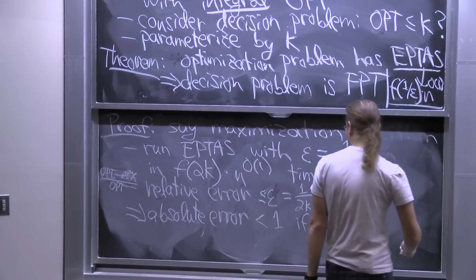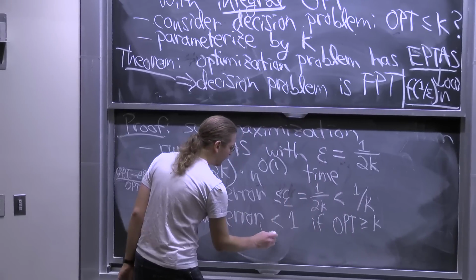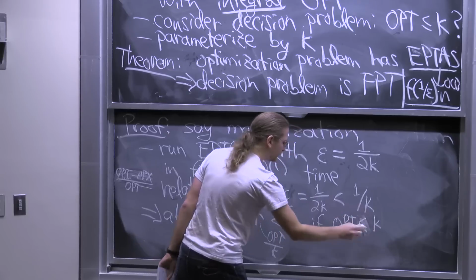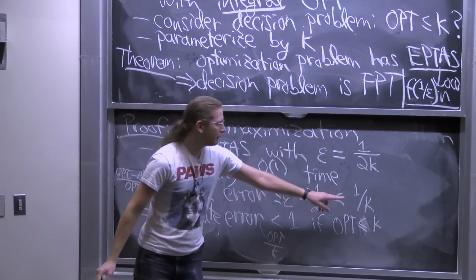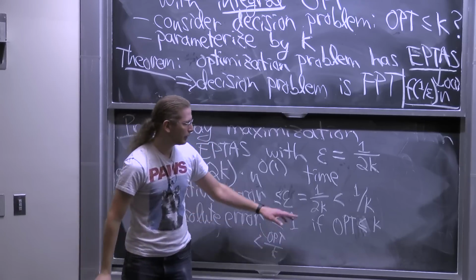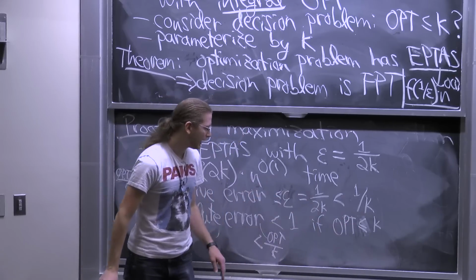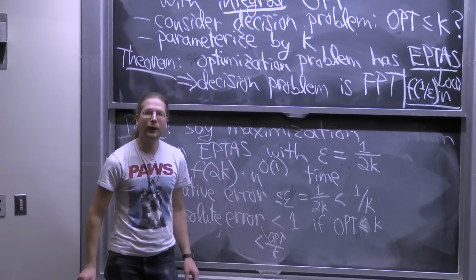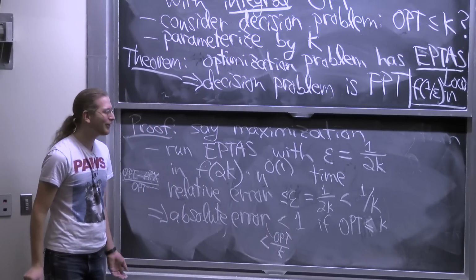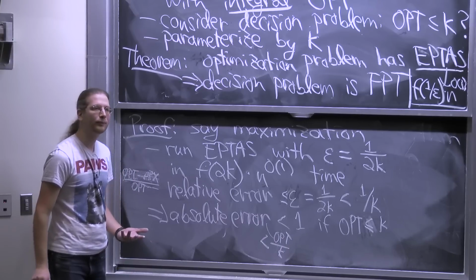The relative error is actually, whoops, no, I got it the wrong way around. Let's correct that in my notes. Okay, the absolute error is this thing, epsilon, times opt. It's going to be strictly less than opt divided by k. So as long as opt is less than or equal to k, this will be strictly less than 1. That's good. Absolute error less than 1 for an integer means that we actually have the same value.